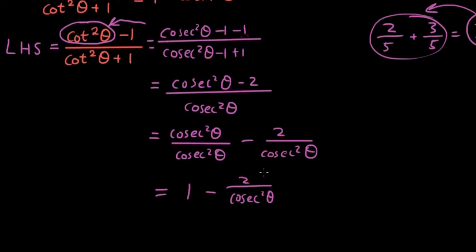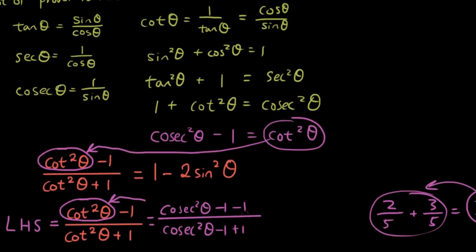So what's the relationship between cosec squared theta and sine squared theta? Well, cosec theta is equal to 1 over sine theta.